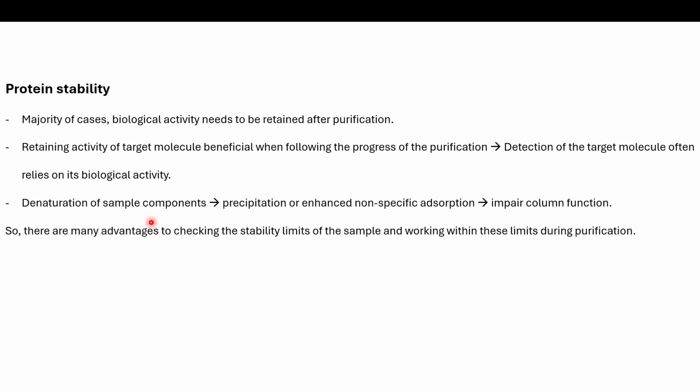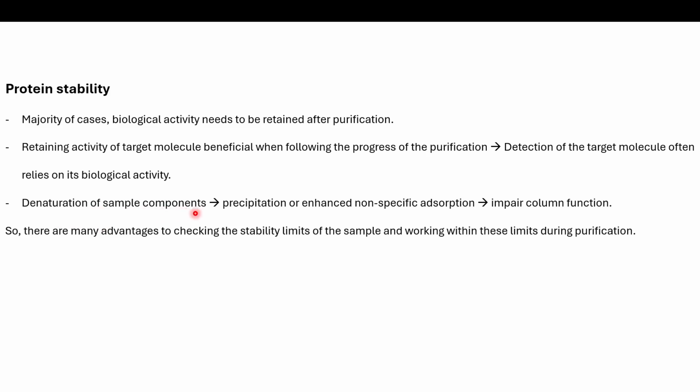So many times the proteins are easily prone to degradation or denaturation, and are not really stable at room temperature. They have to be always maintained on ice or at 4 degrees Celsius. So all these things have to be taken care of. Okay, and some samples can easily denature, like RNA or ribosomes.